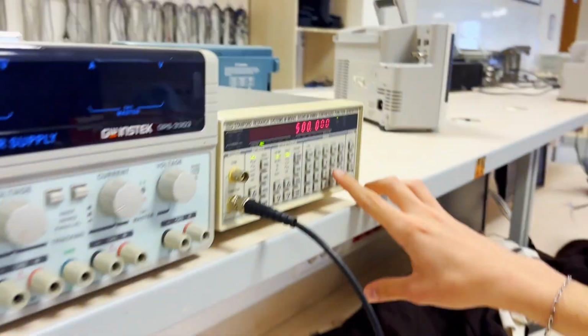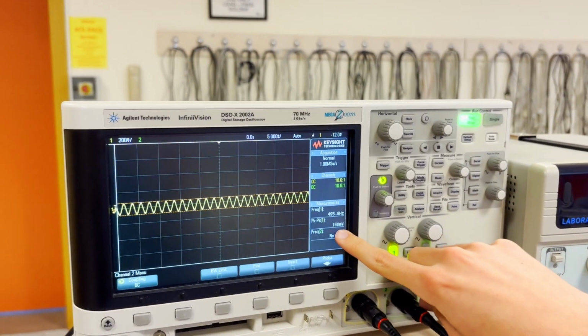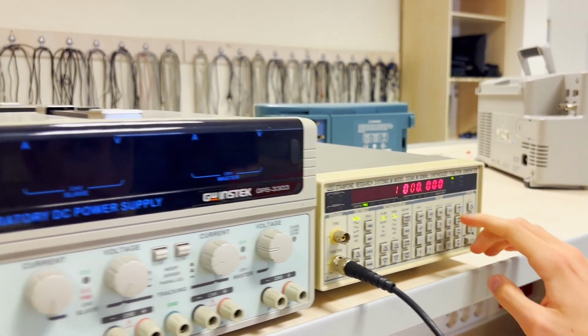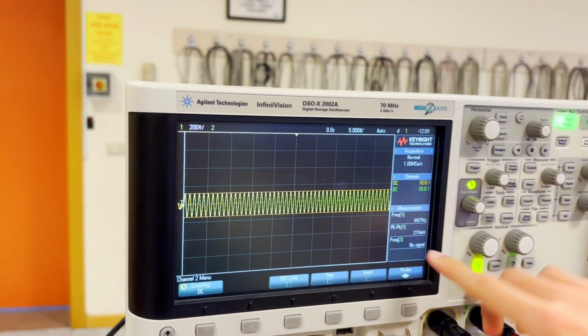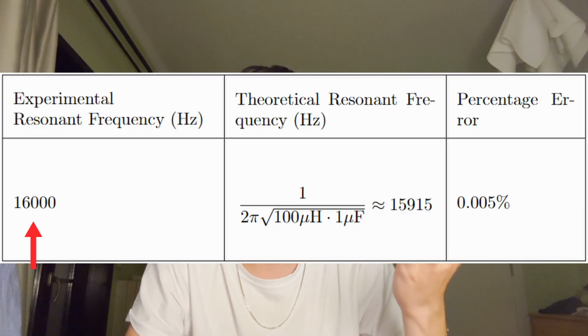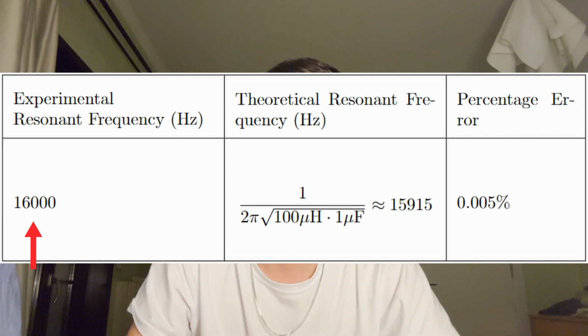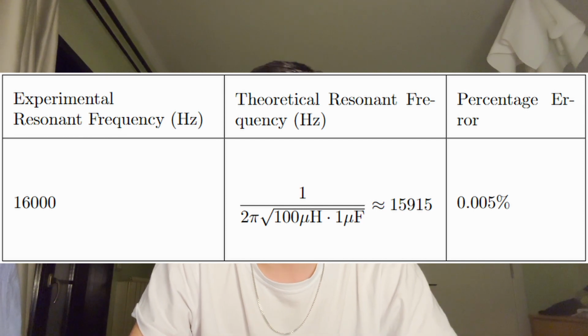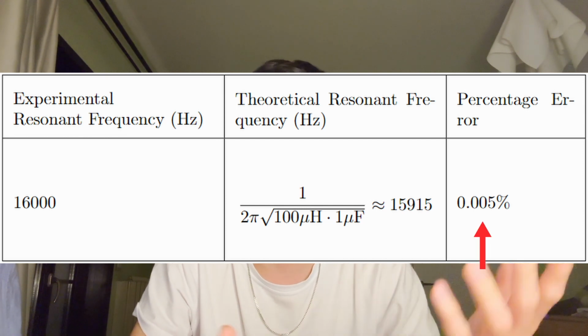Then I slowly input a different frequency, and as you can see, a different voltage is measured. I do this for different sample points, and I found this value of frequency. Now we can compare it to our theoretical value and calculate the percentage error.